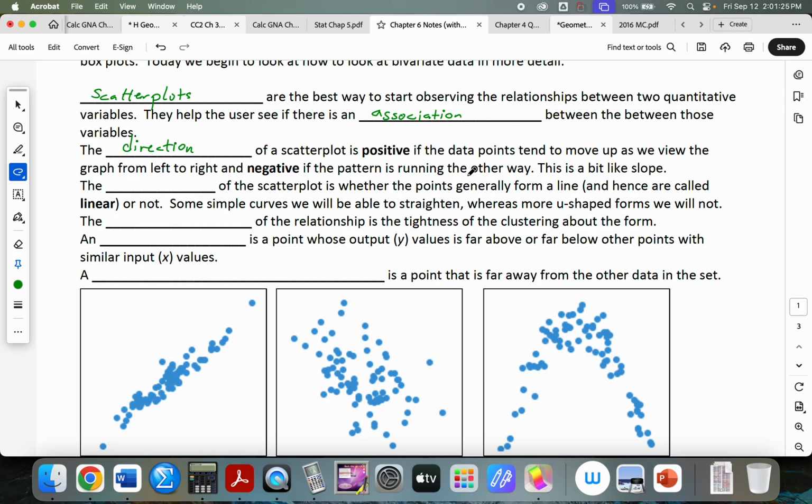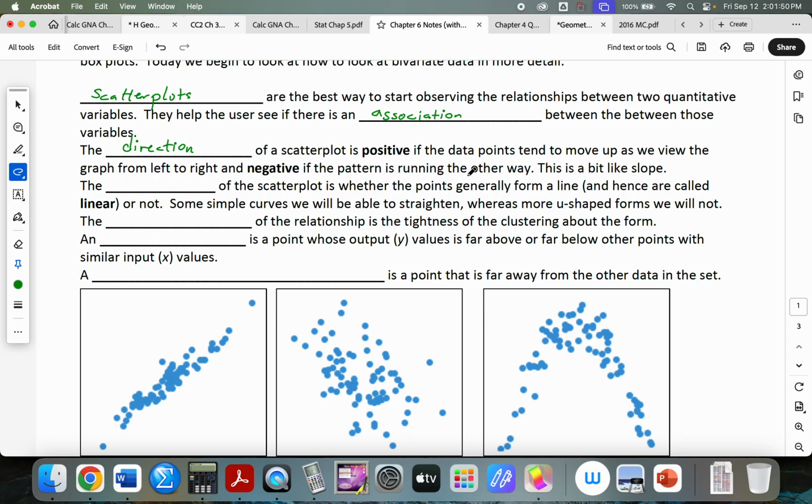So for example, if you measured someone's blood alcohol level and how good they were doing a particular task that required some sort of manual dexterity. As the blood alcohol level goes up, the ability to do the task goes down.